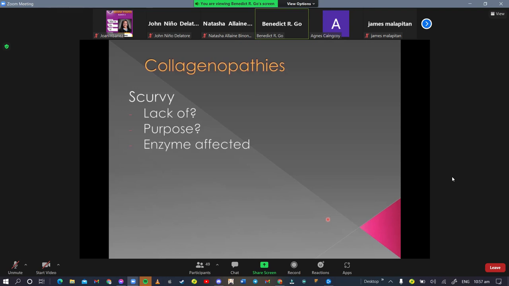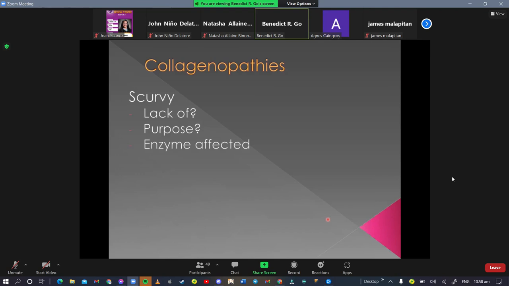So what happens now if these enzymes do not have vitamin C? These enzymes are needed for collagen synthesis, as we know because we're talking about collagenopathies. But what is the biochemical defect here?